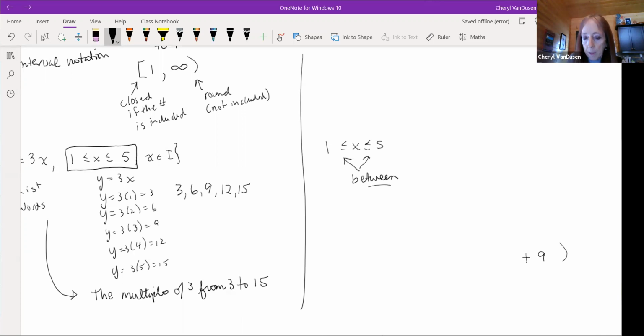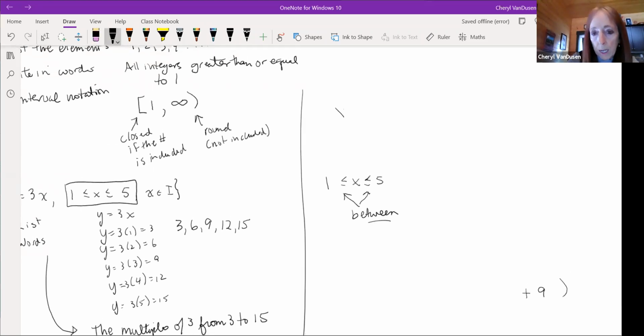Really what's happened is we've taken the way we would get there, say that we're reading something: x is greater than or equal to 1 and x is less than or equal to 5. That is what we have, but we don't write it that way. The way we combine it is we change the sides of this. So we write 1 over here and x over here.